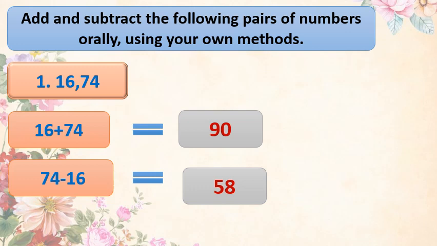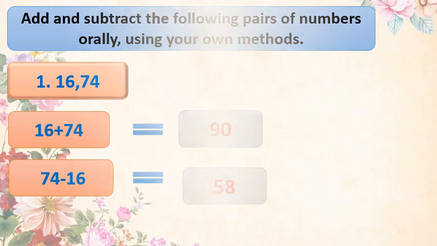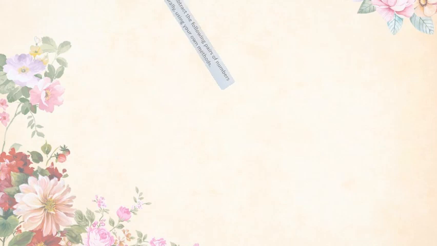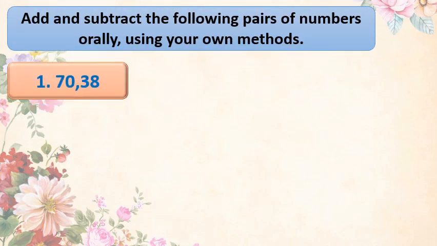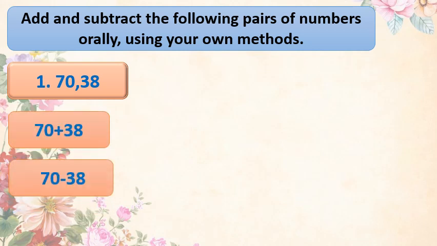Okay, good. We have solved so many sums on addition and subtraction orally, correct? This is the last sum, 70 and 38. 70 plus 38, 70 minus 38. This is more easy because 0 is there in the units place.